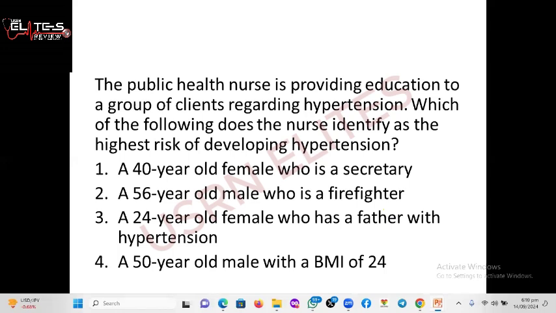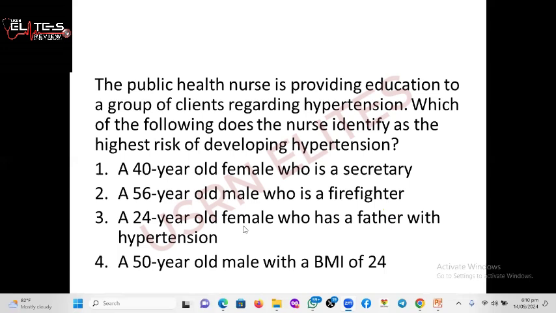A public health nurse is providing education to a group of clients regarding hypertension. Which of the following does the nurse identify as the highest risk of developing hypertension?